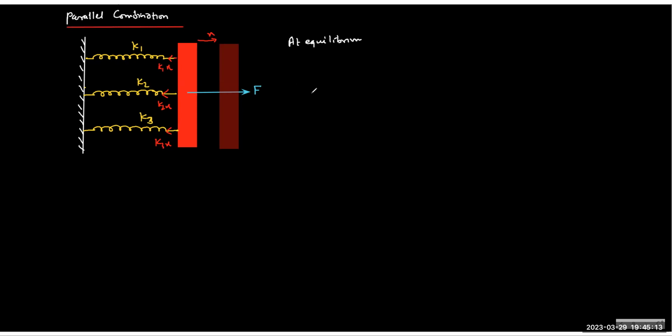So now at equilibrium, the applied force is balancing the sum of the three forces, right? And in this case, we have kept the elongation. So in parallel combination, all springs will suffer equal deformation, not necessarily elongation. It could be compression.